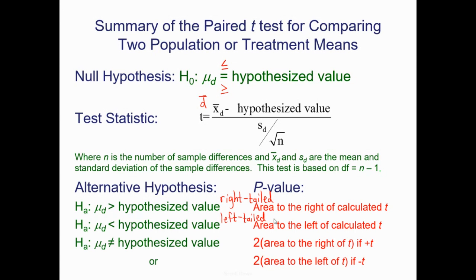Or we could be not equal to, two-tailed. The alternative hypothesis is really kind of fixed. So it's going to be right-tailed, left-tailed, or two-tailed, no matter what kind of hypothesis test you're doing.